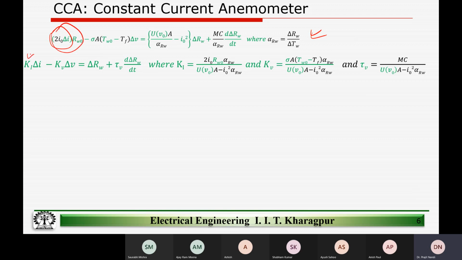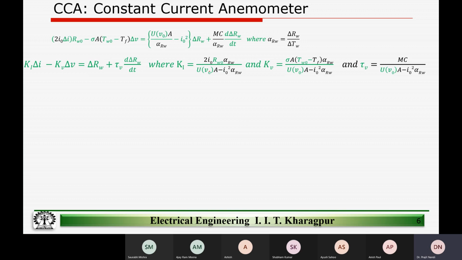I'm representing this as Ki delta I, and the second portion as Kv delta V, where Ki and Kv are proportionality constants. We are saying it's a constant, but are we correct in saying that?